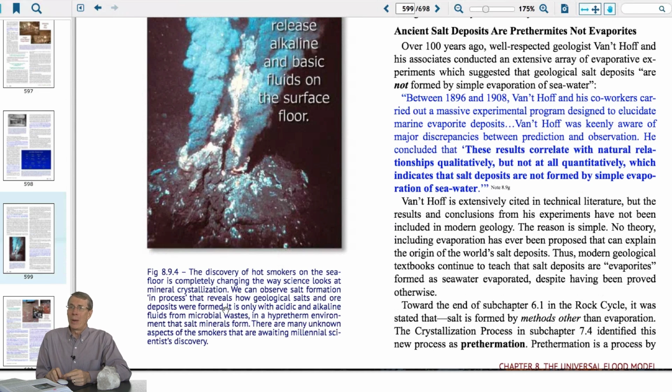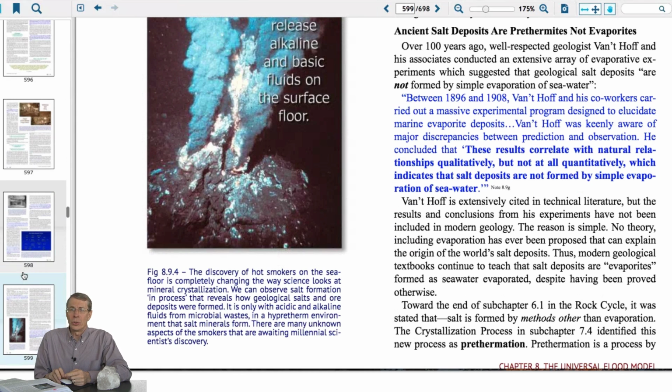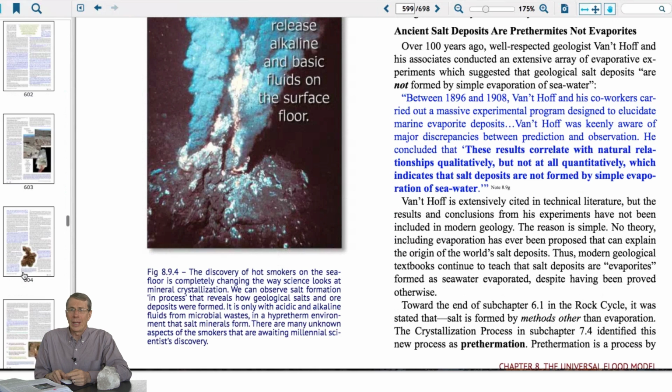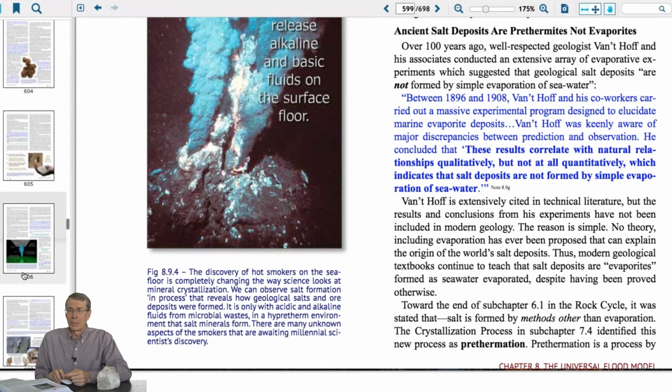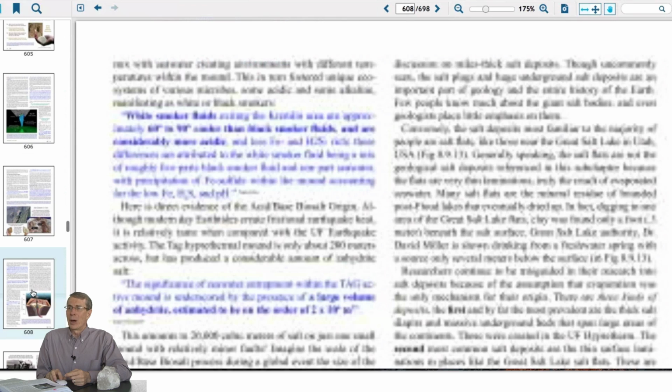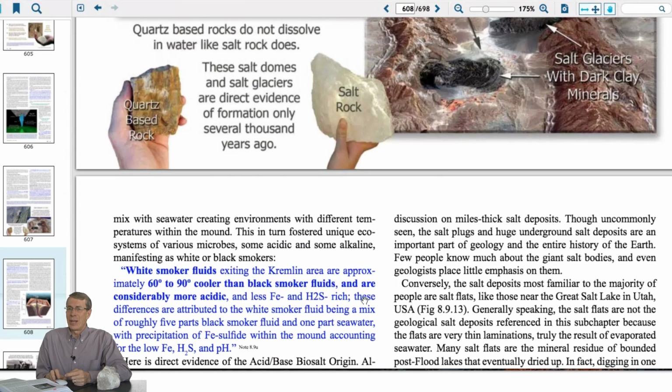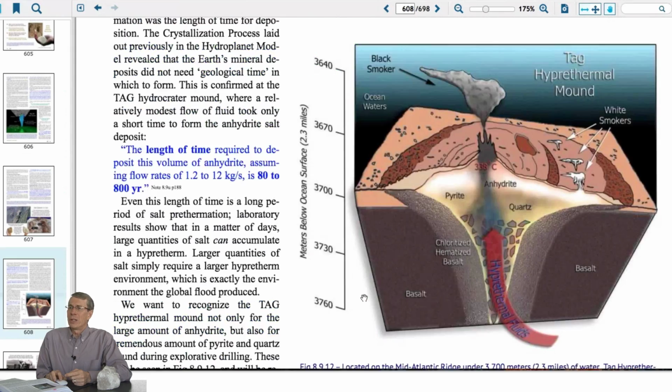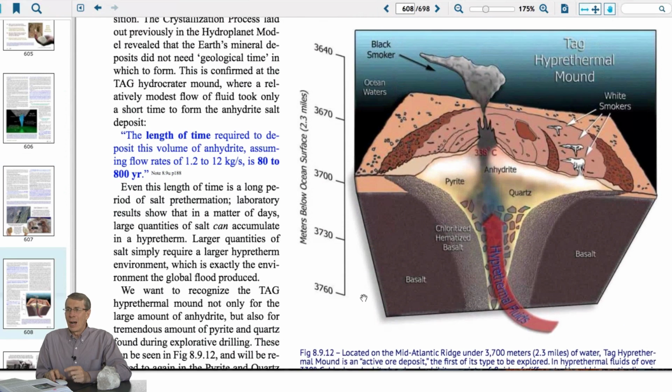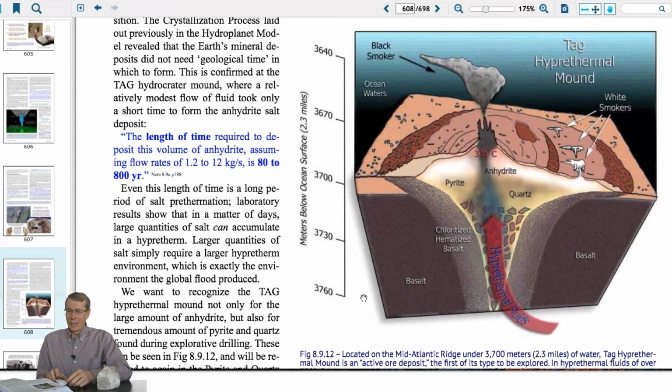And so we're going to go back now to page 608. On the bottom of 608, we're going to bring up the TAG mound again. We want to finish by explaining what we find on the bottom of the ocean. When we are at the right pressure under several miles of water and at the right temperature, 338 degrees Celsius is way below the melting temperature of a rock.